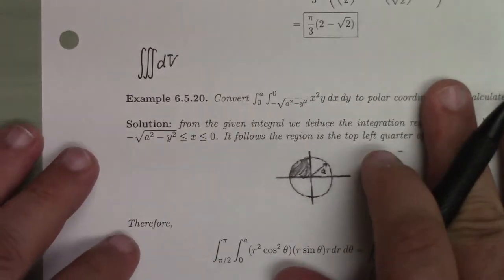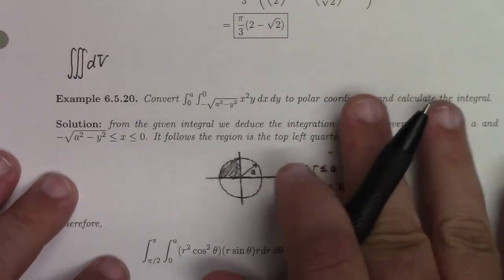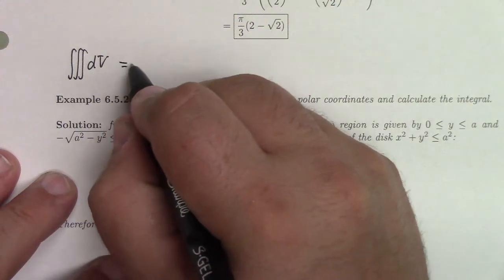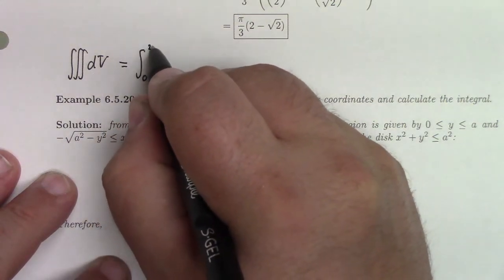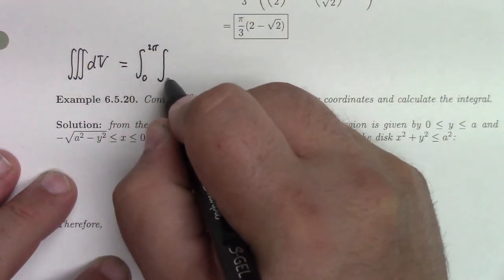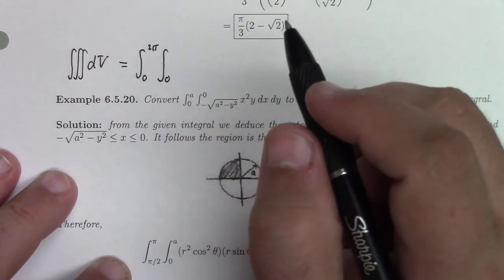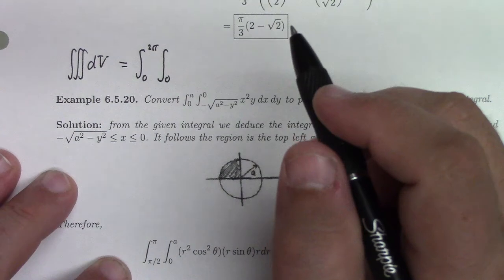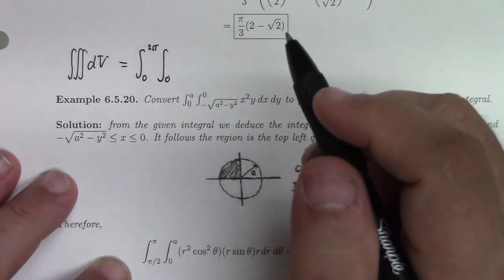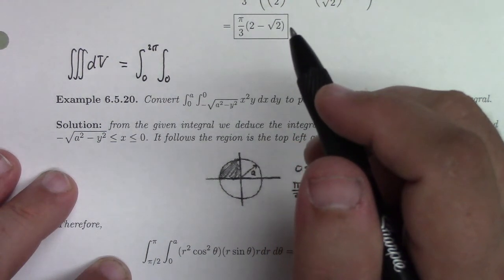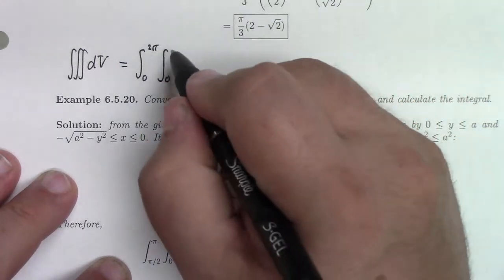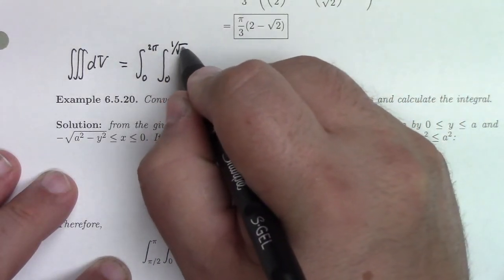And so I could integrate from 0 to 2 pi for my theta, from 0 to 1 over root 2 for the r.